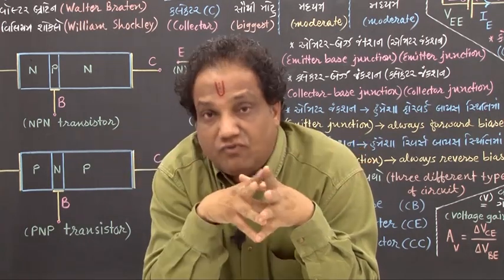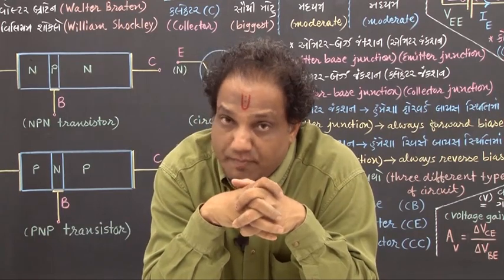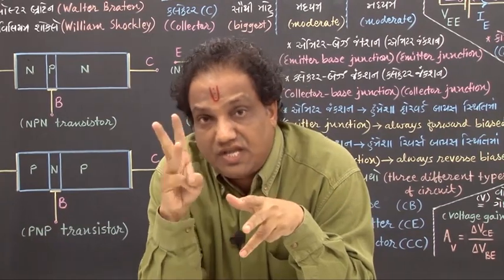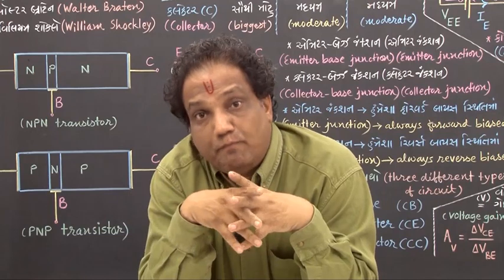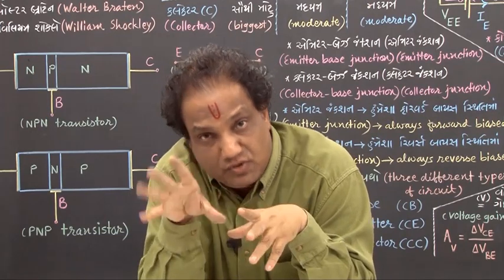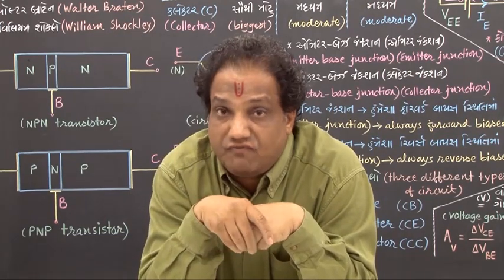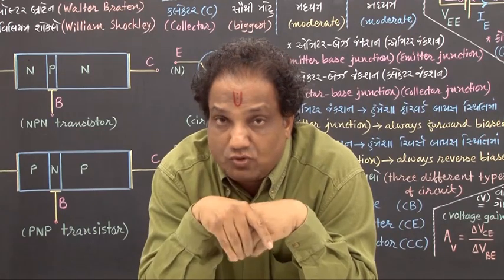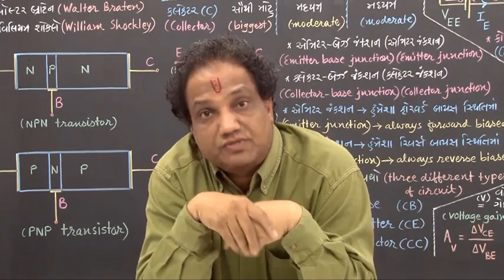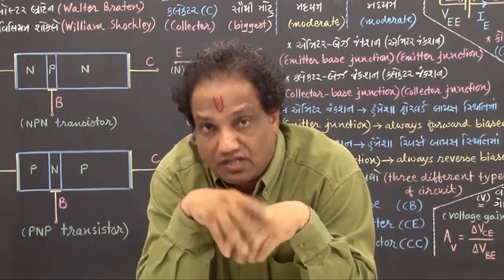And that transistor was first prepared by three scientists working at Bell Telephone Laboratory in the USA in the year 1948. You will need to remember their names because these names are given in the textbook. What are their names?